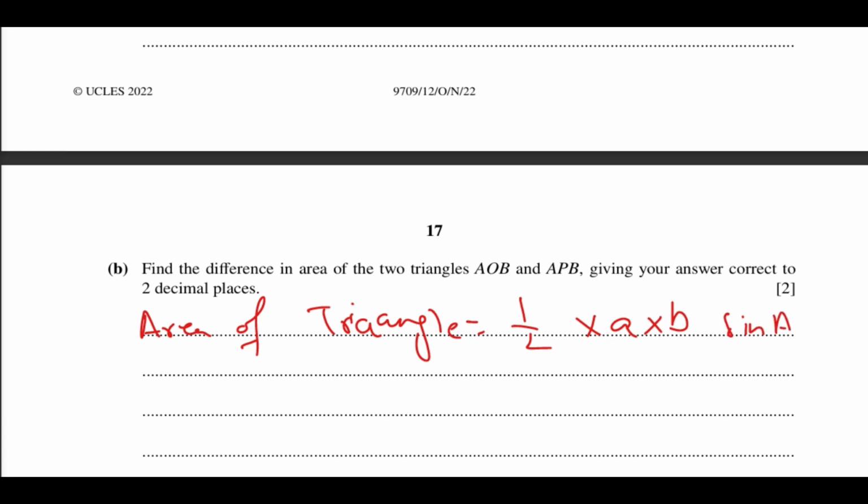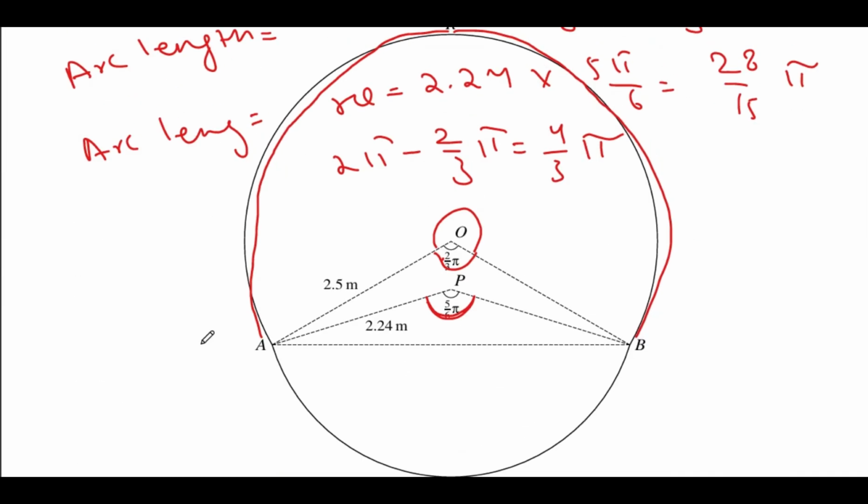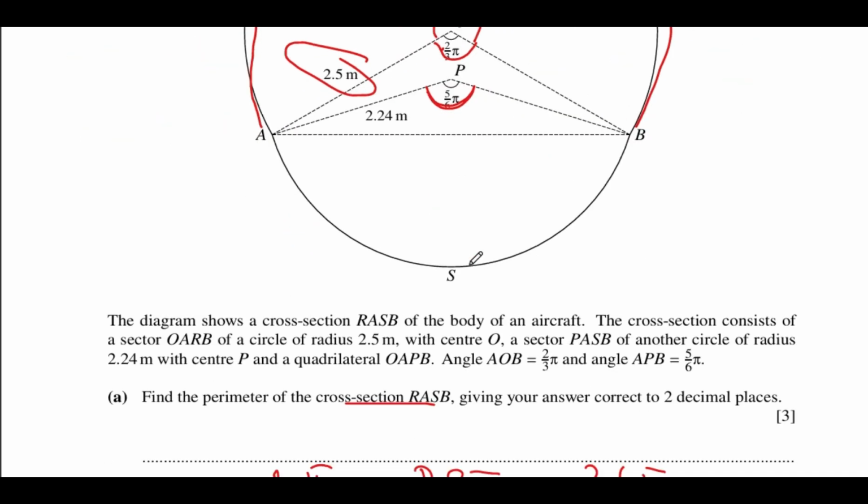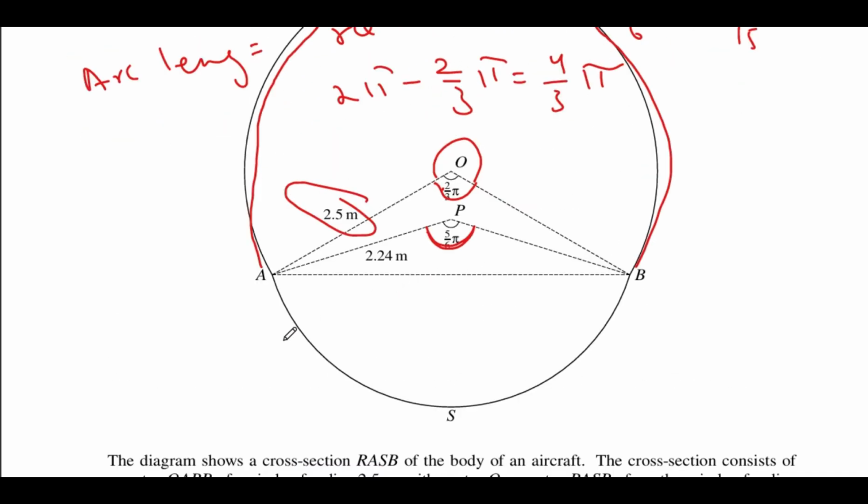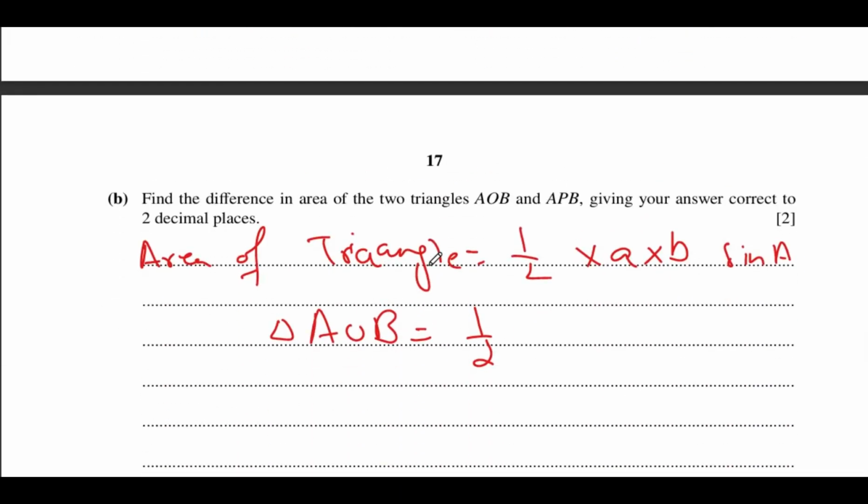So here, for triangle AOB, the radius is 2.5 and the angle is 2 pi by 3, and for triangle APB, this smaller triangle, we have radius of 2.24, which will be used.